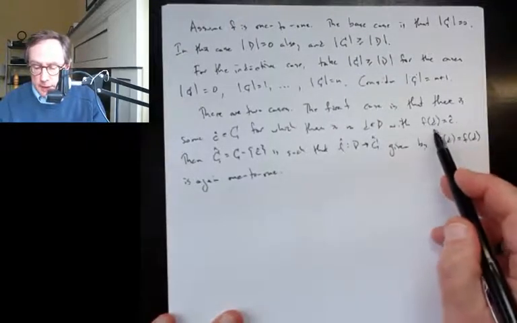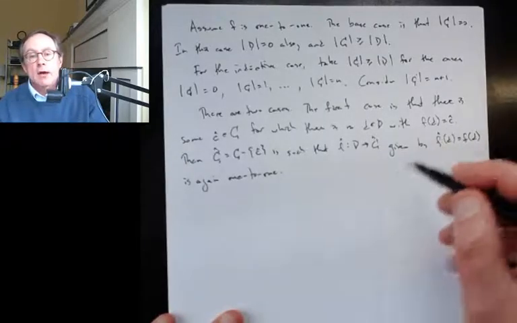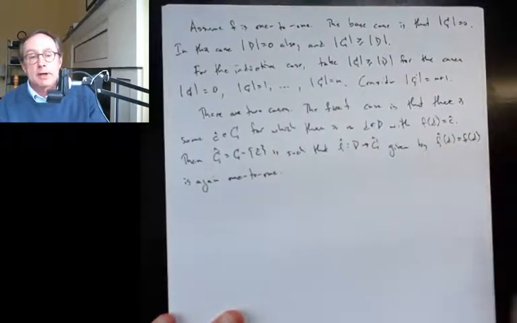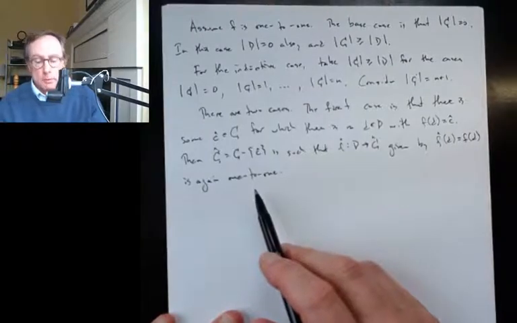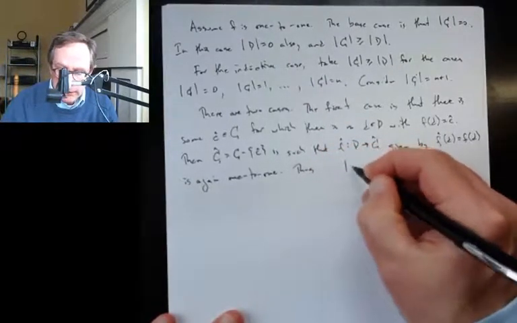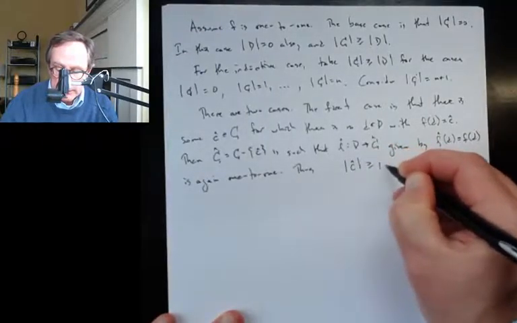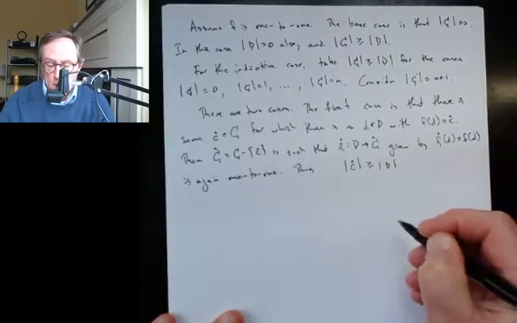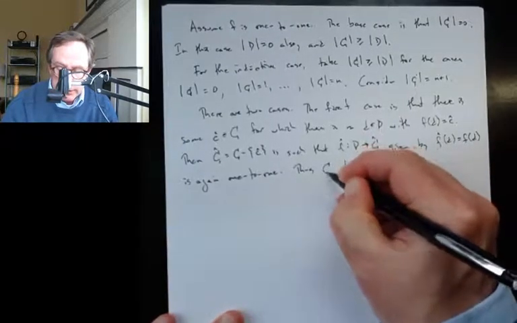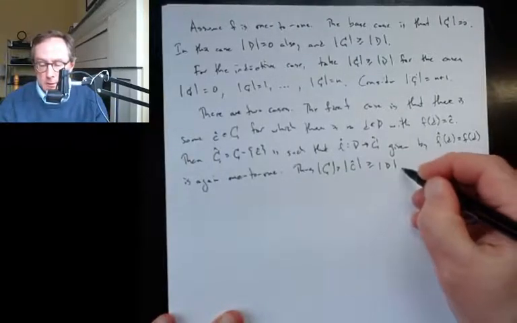Because there is no D mapping to C hat, so if we just take our eraser and erase C hat, the picture is exactly the same, so the function must still be one-to-one, and thus the size of C hat is greater than or equal to the size of D. But wait a minute, we already know that the size of C is greater than the size of C hat, as required.